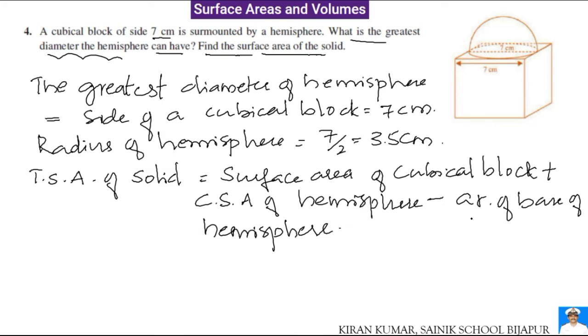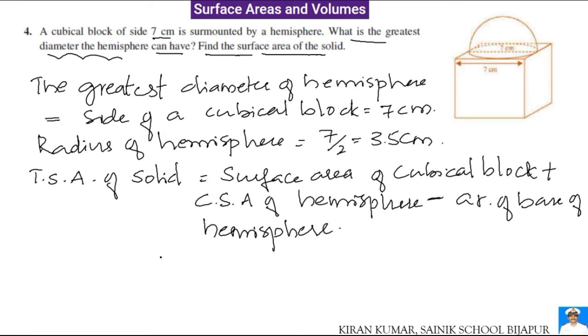You must be having a doubt, why did I subtract this area of the base? Surface area of cube plus curved surface area of hemisphere. Why did I subtract? It is because this top of cube has got a hemisphere on it. So this particular area is embedded, that has to be removed. If you add these two areas, that becomes extra, that has to be removed.